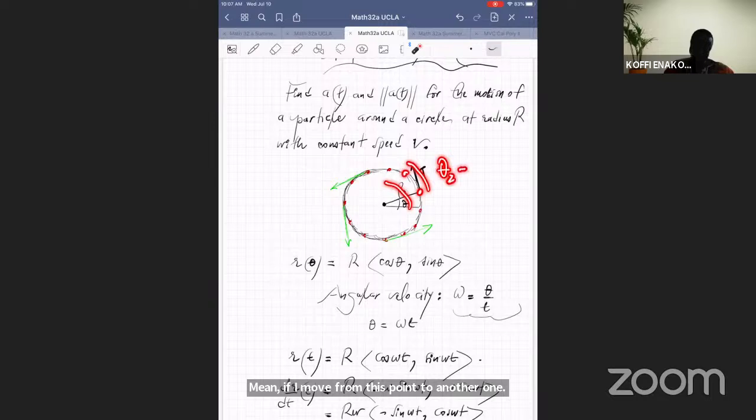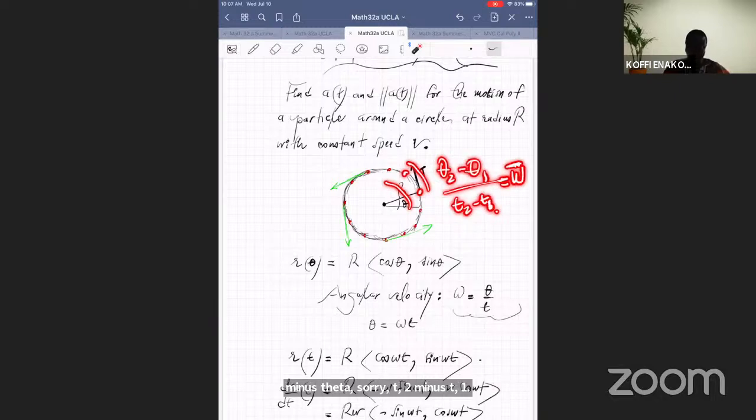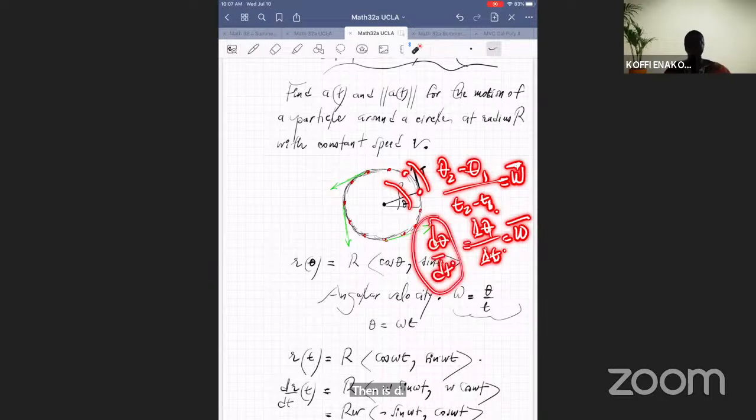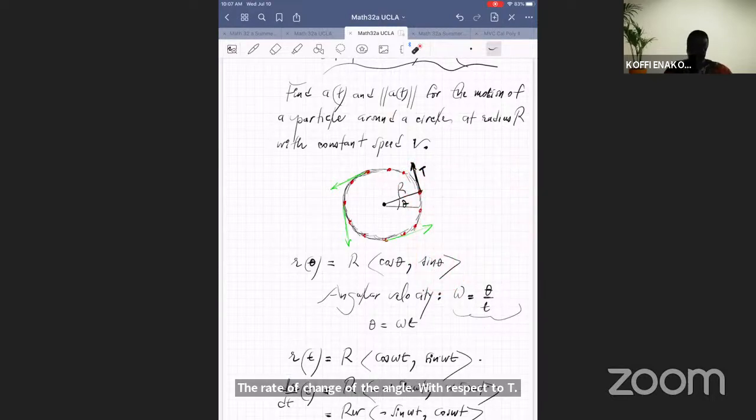So theta 2 minus theta 1 divided by T2 minus T1 will be some average omega, which is delta theta divided by delta T. If you do this instantaneously, then it's d theta with respect to T, and this is called the angular velocity, the rate of change of the angle with respect to T.